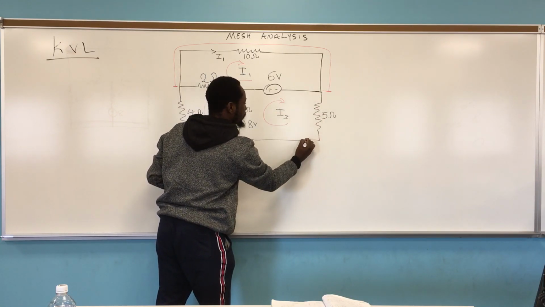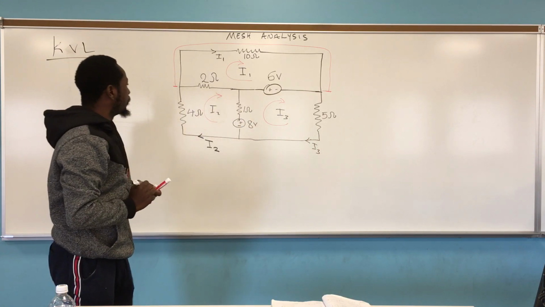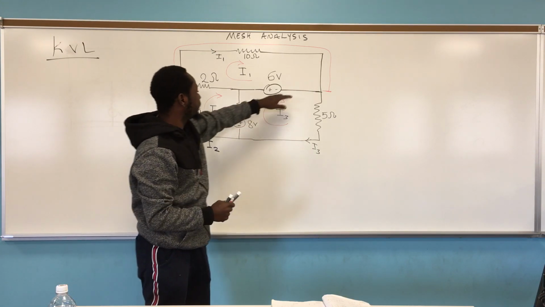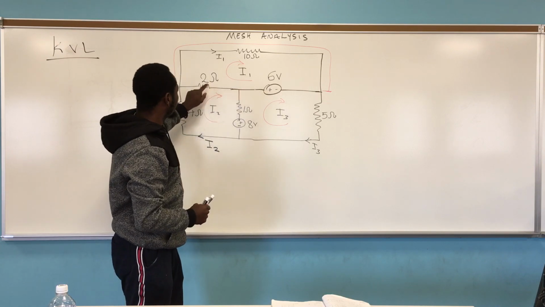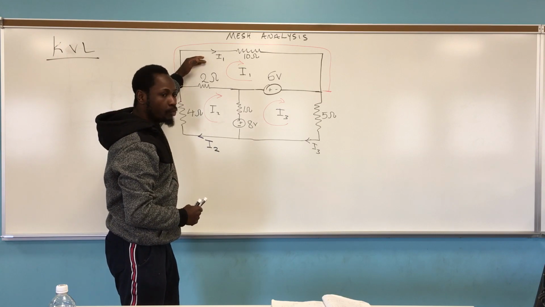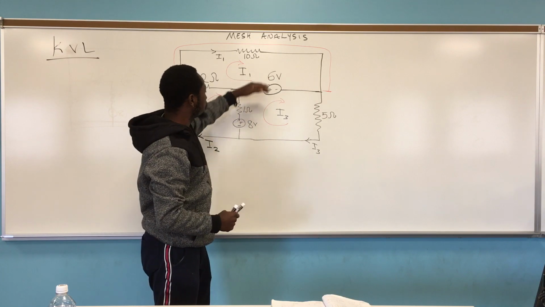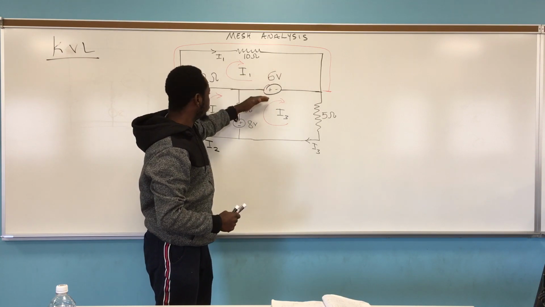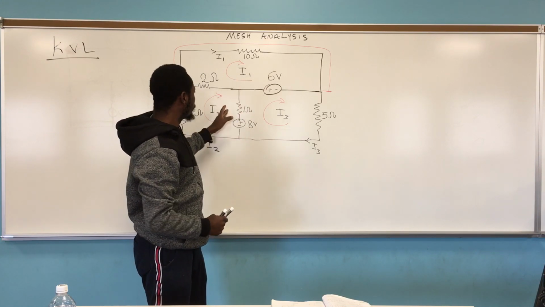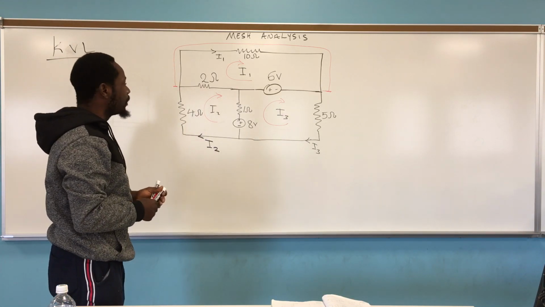It means the current in this outer branch is I3. So instead of assigning current for the inner branches, we have one inner branch which is between loop 1 and loop 2, this inner branch which is between loop 1 and 3, and then we have this branch which is between this and this. Is that clear?